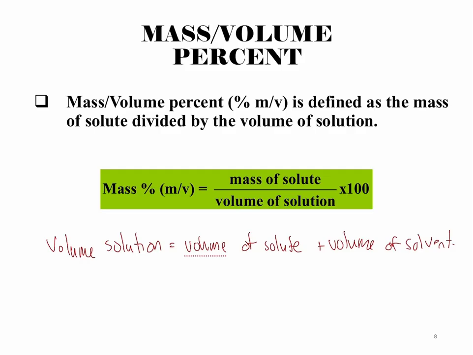For example, if you think about dissolving sugar in coffee, you add some grains of sugar, that doesn't really change the actual volume of your coffee at all, right? It stays relatively the same. So your solvent takes up the majority of the solution. This tends to be small for solid-liquid mixtures or solutions, because the volume of the solid tends to be a lot smaller than the volume of the solvent.